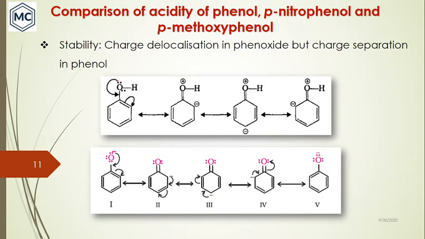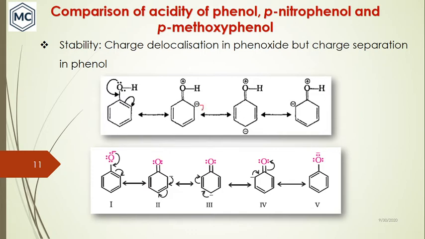The lone pair on the oxygen can undergo resonance with this aromatic ring, as shown here. First you can show it like this: the lone pair transfers electron density toward the ring, then it becomes double bonded, and this double bond breaks, and you have to show the negative charge here.